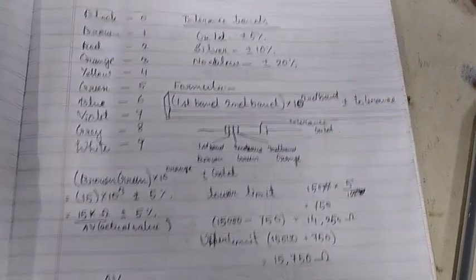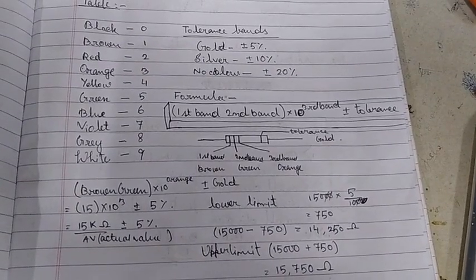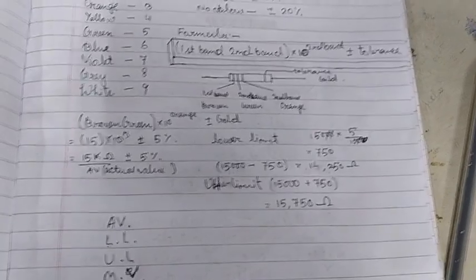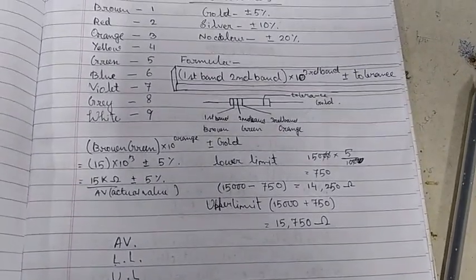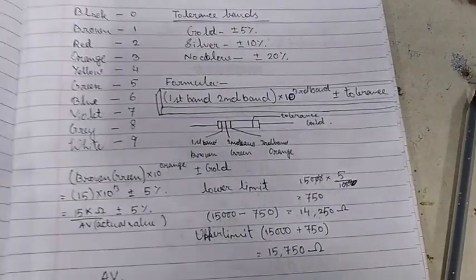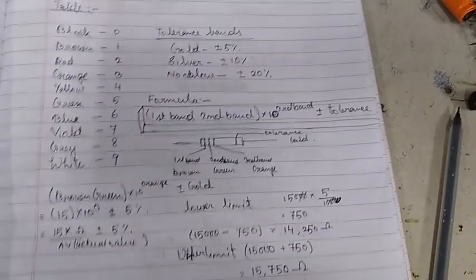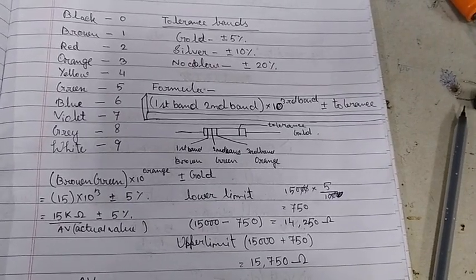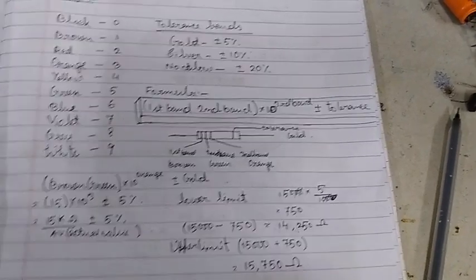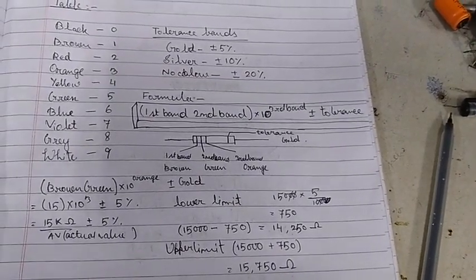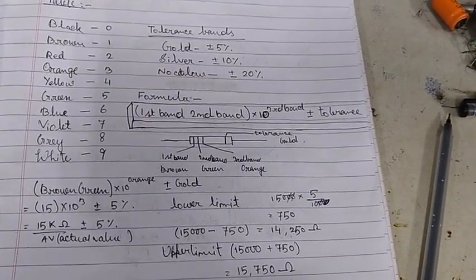When we subtract tolerance from the actual value, we will get lower limit, and when we add tolerance to the actual value, we will get upper limit. And measured value is the practical value of the resistor, that is shown on a meter, and the measured value will be within lower limit and the upper limit.